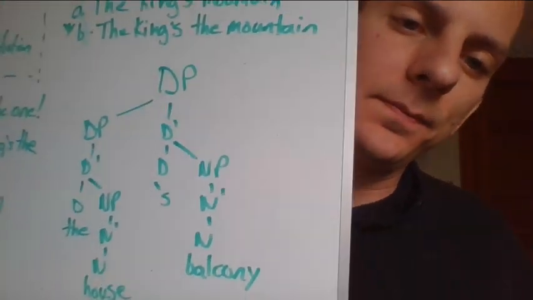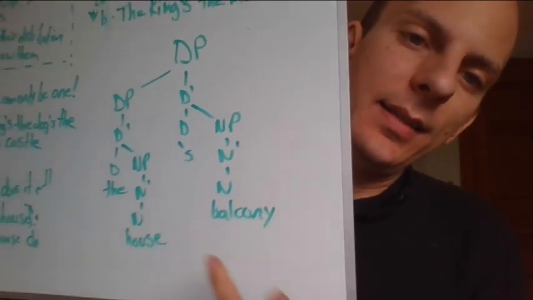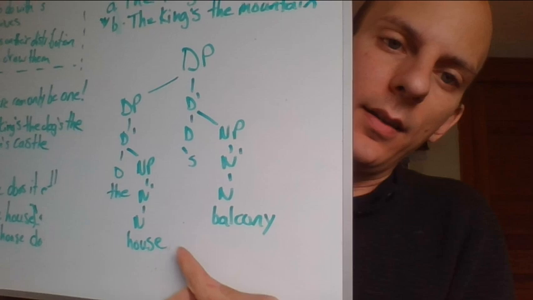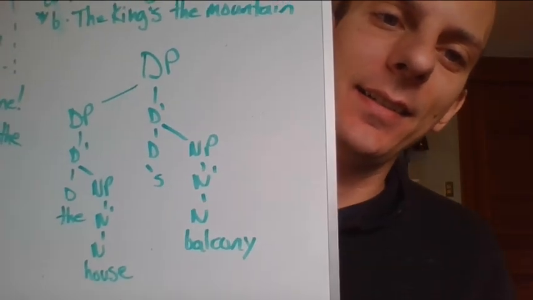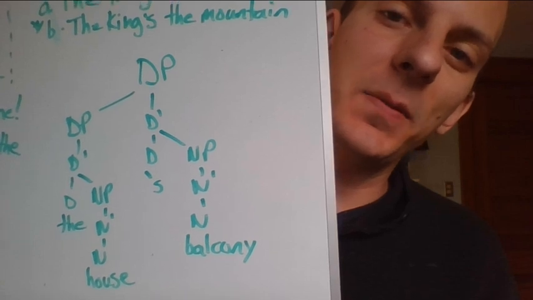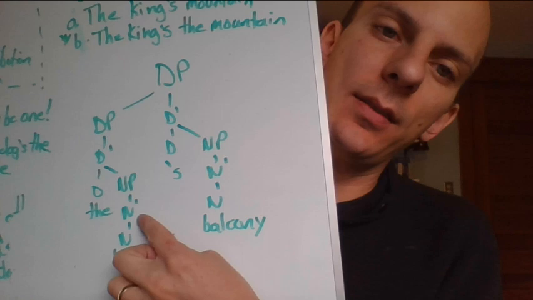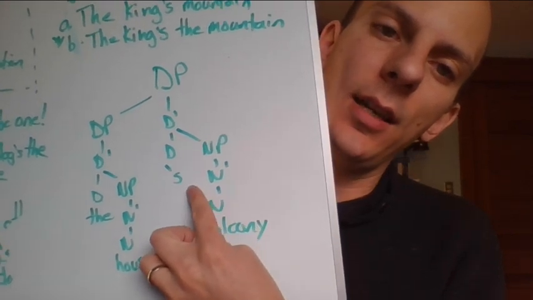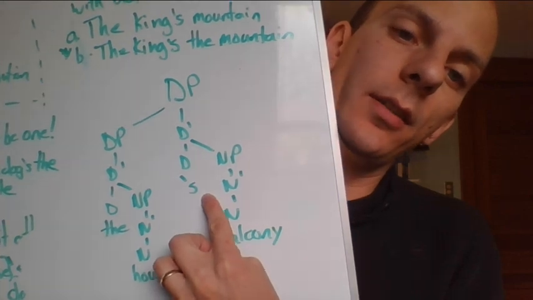Observation number 2 was the fact that the apostrophe S seems to go at the end of the possessor phrase totally. And we can see a little bit of that now. Here's the possessor phrase, and note that the apostrophe S is going to come right after that.